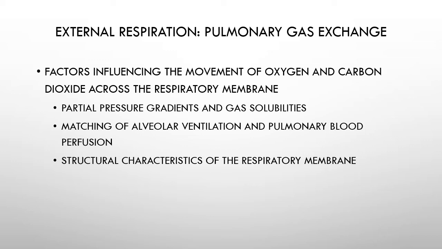So external respiration is going to be that part where we actually exchange gases at the lungs themselves. So between the alveoli and the capillaries, this is where we're doing this process. And it's going to follow along essentially concentration gradients, but for gases, we call them partial pressures. So again, I take you back to the picture that I drew before where we had our ground, and then we have our column of air.